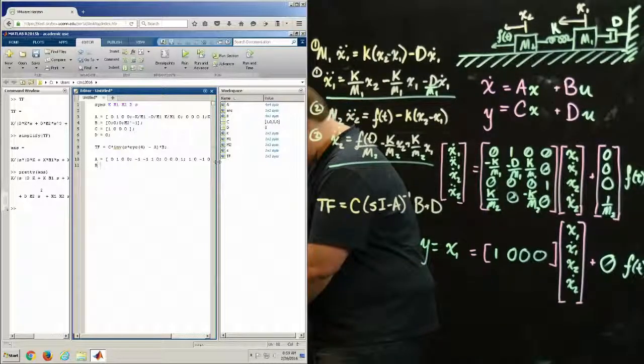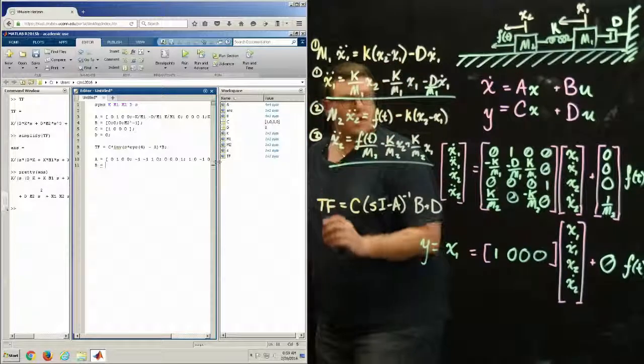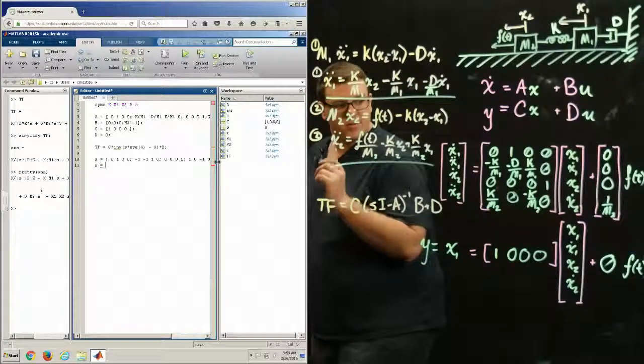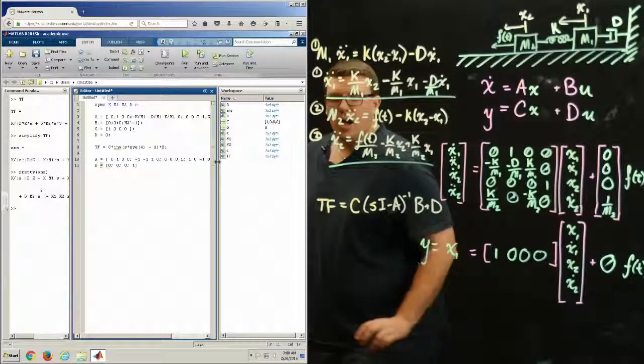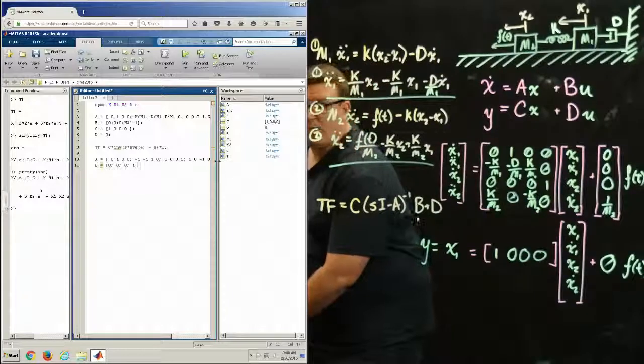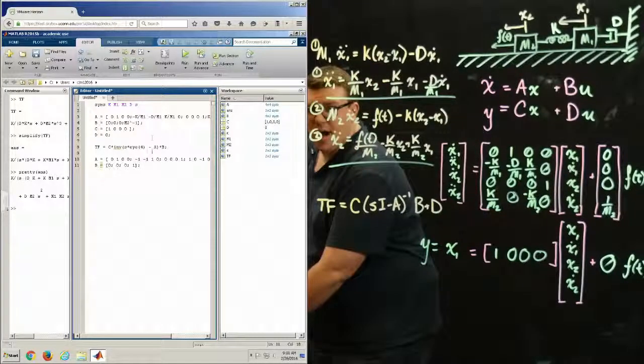And then B should equal 0, semicolon, 0, semicolon, 0, semicolon, 1. And then the other two are already scalars, so that's nice enough for us. So A, B, and C should be able to just be redefined this way.